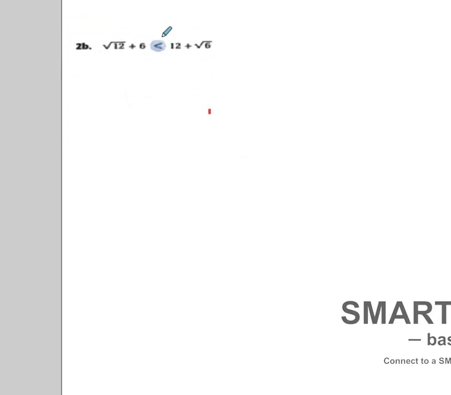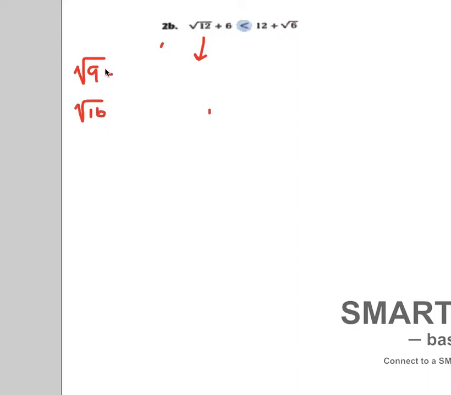Again, the first thing I have to do is figure out what these square roots are. My perfect squares were the square root of 16 and the square root of 9. So it's between those, because those get me perfect squares. The square root of 9 is 3, and the square root of 16 is 4.